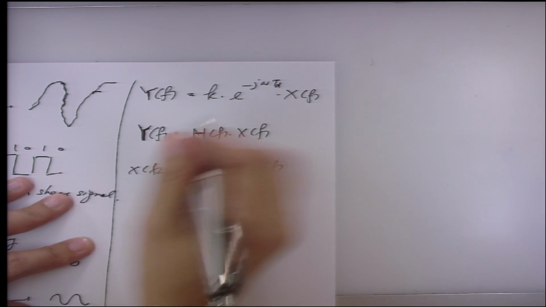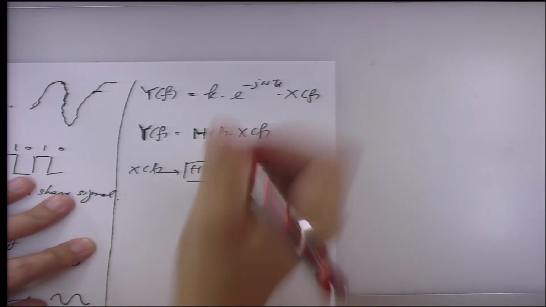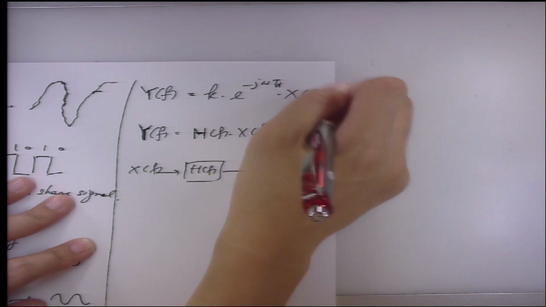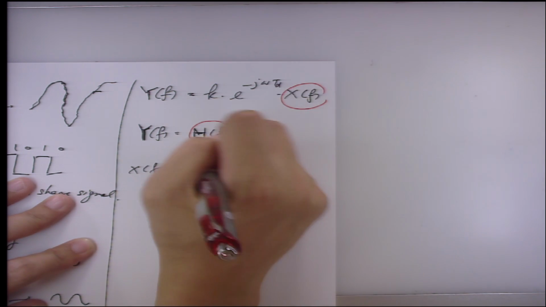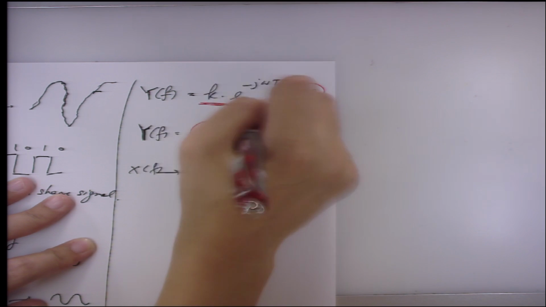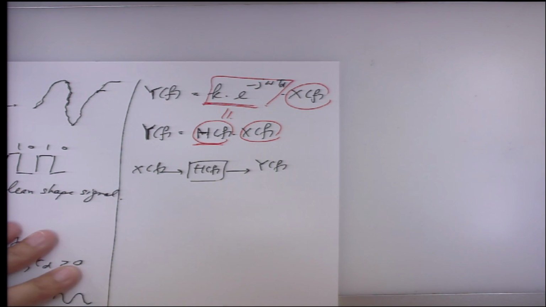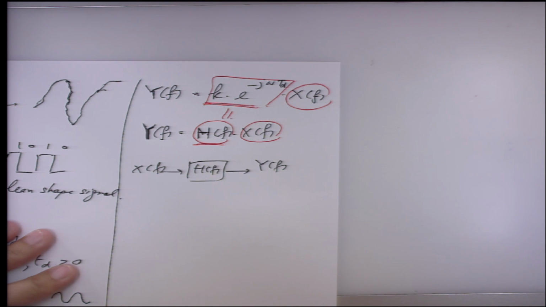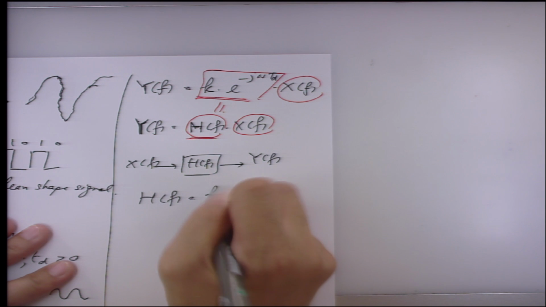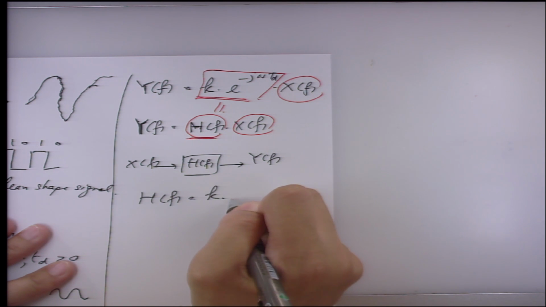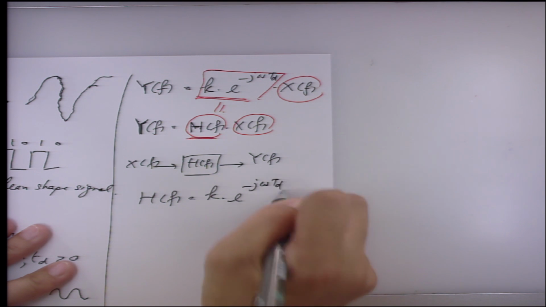From these two equations, what can you see? X(f) is the same, so H(f) must be equal to this one. For the transmission to be distortionless, H(f) has to be equal to constant K times e to the minus j omega t_d.